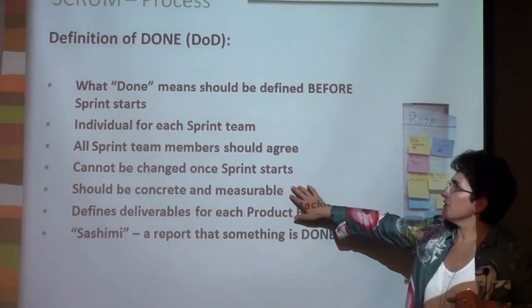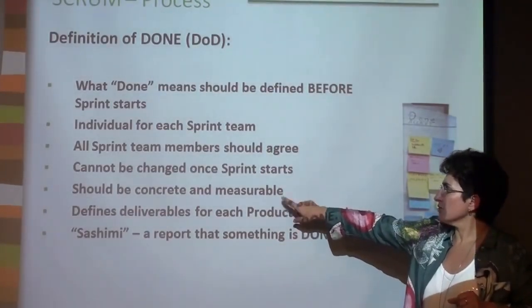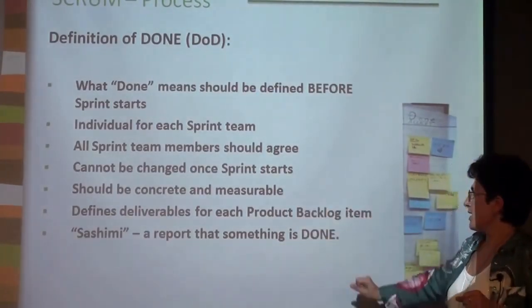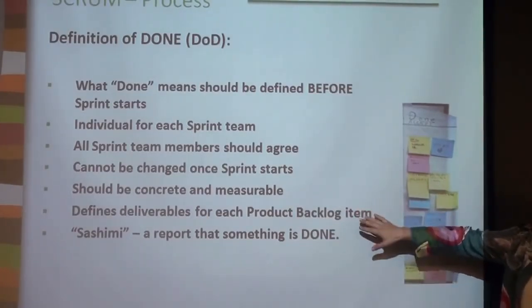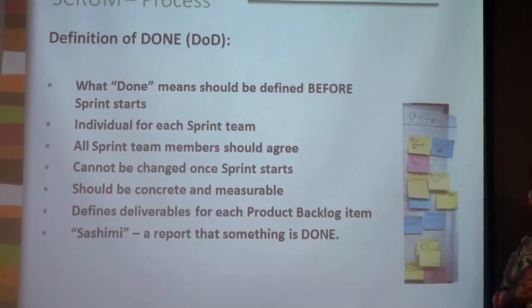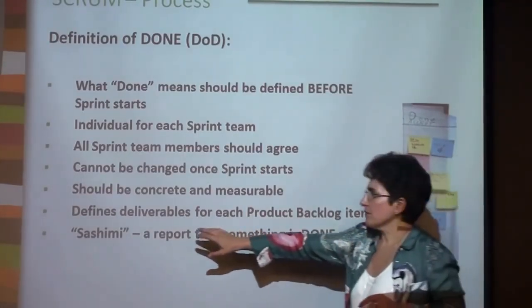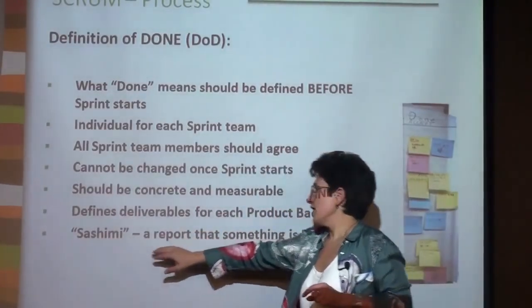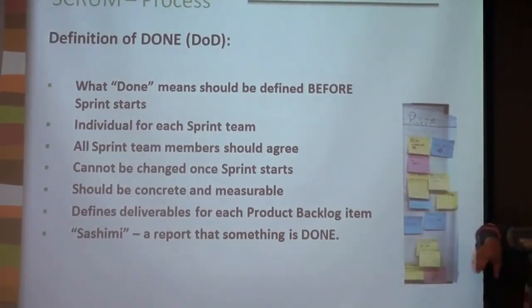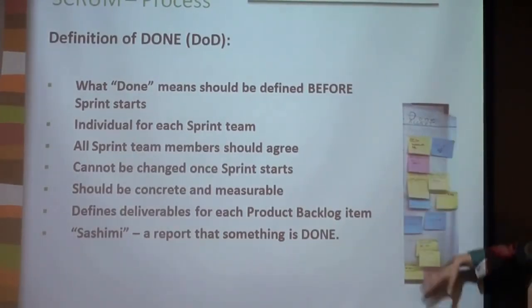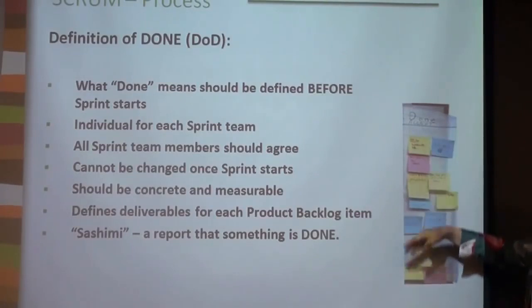And the criteria for done should be concrete and measurable. For each product, actually sprint backlog item, the team should define the deliverables. And the term that people use in Scrum, sashimi, means a report that something is done. So when you look, agile progress is frequently tracked through post-its.